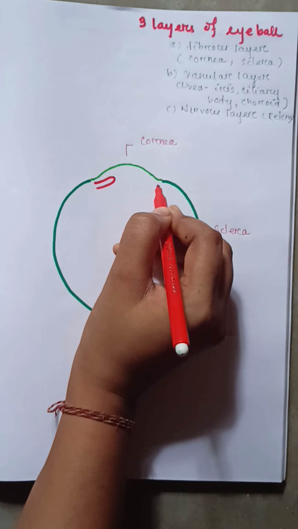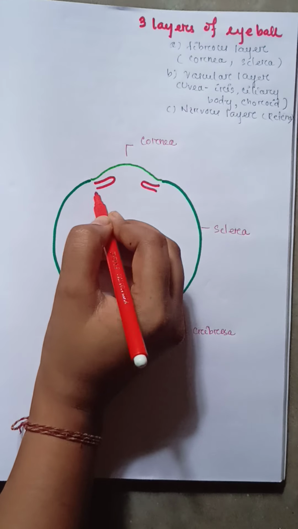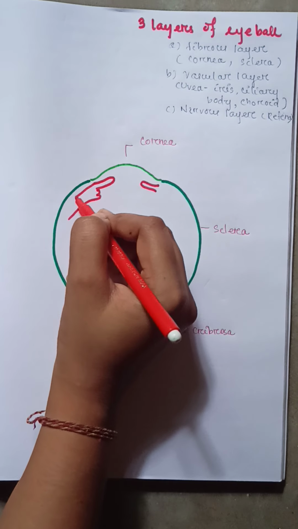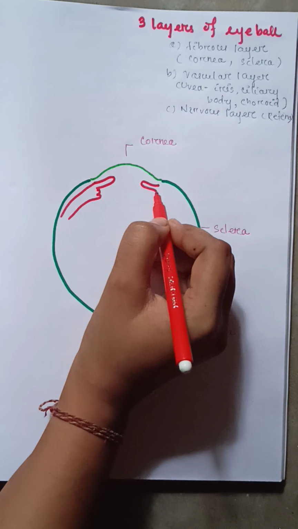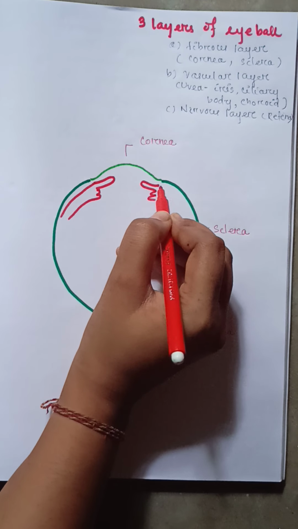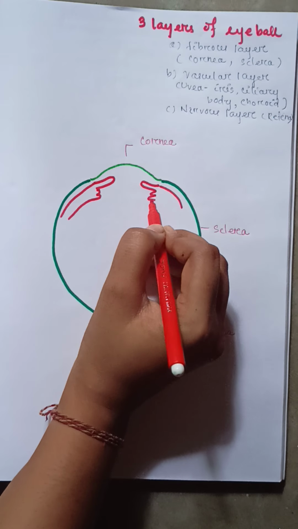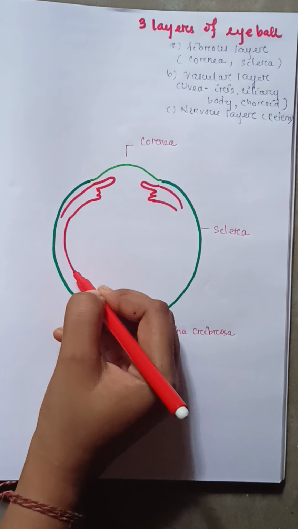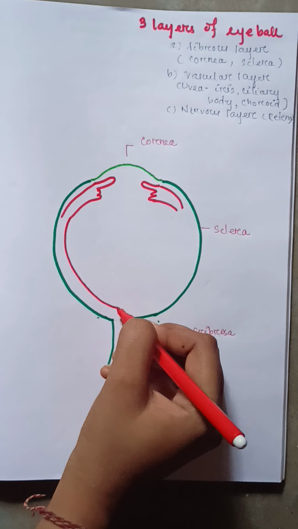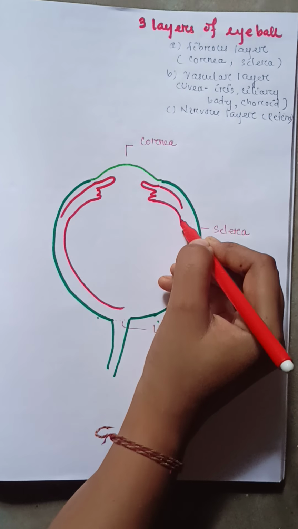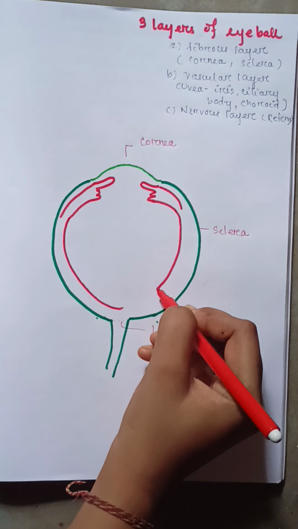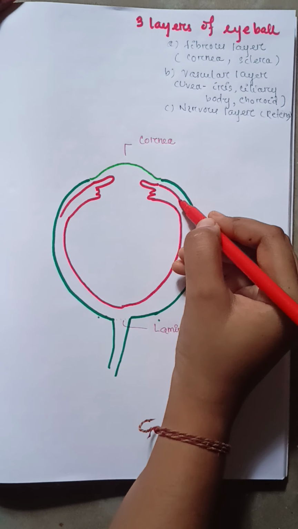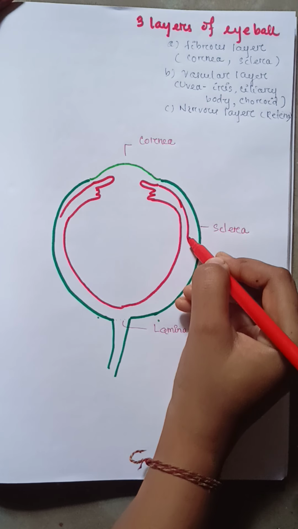In the uvea we have the iris, ciliary body, then choroid. As we know, vascular layer means there will be blood supply, so I am doing that in red color.